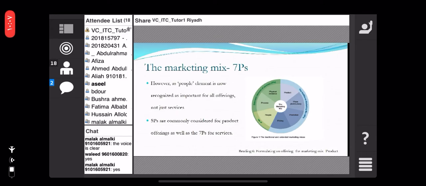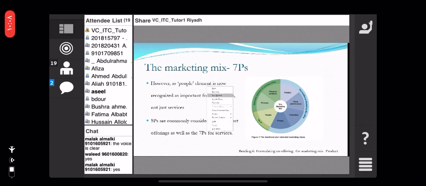Let's say product, 4 P's: product, price, place, and promotion. These 4 P's are for tangible items. But when we say in the marketing mix the 7 P's, they are considered for services. For example, you are selling something tangible, like mobile phones.